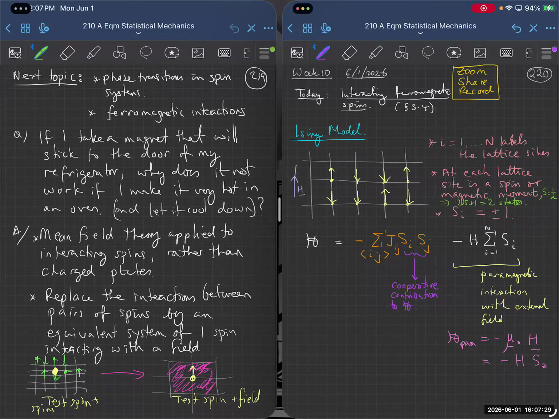What I mean by cooperative is that it depends on both the spin i and the spin j. That's the first term. That's how you know it's an interaction. It's not just something proportional to the spin. It is actually an interaction between them.